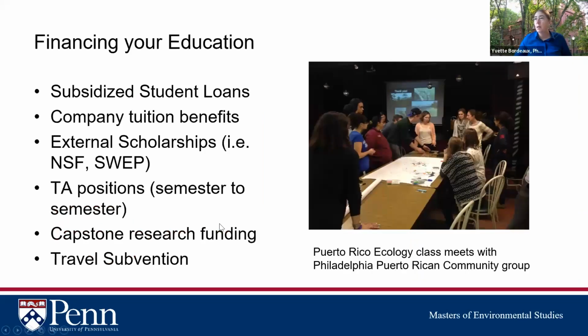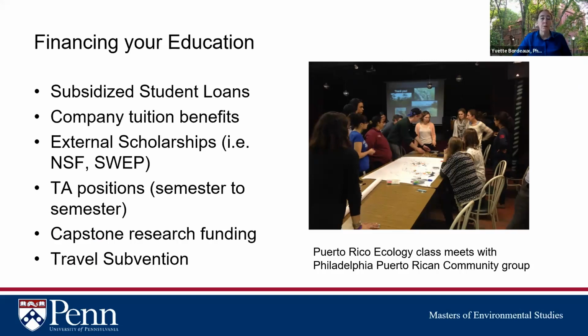Let me go back. Financing your education, there's subsidized student loans is one way that students pay for their tuition. Company tuition benefits is another one when students are working full-time and their companies have tuition benefits. Some students fund their education through external scholarships. We have no scholarships within the department or the school for our program, unfortunately.